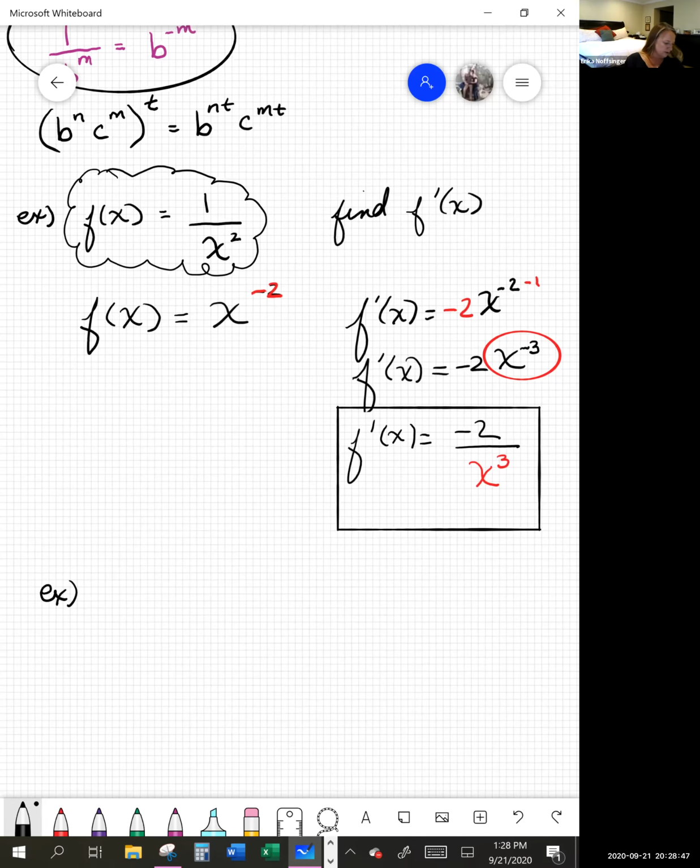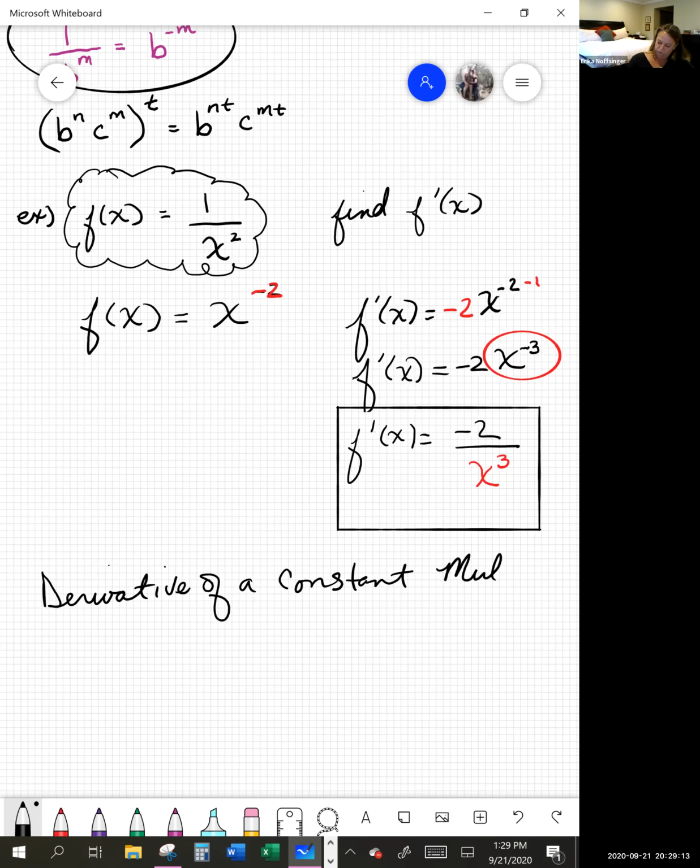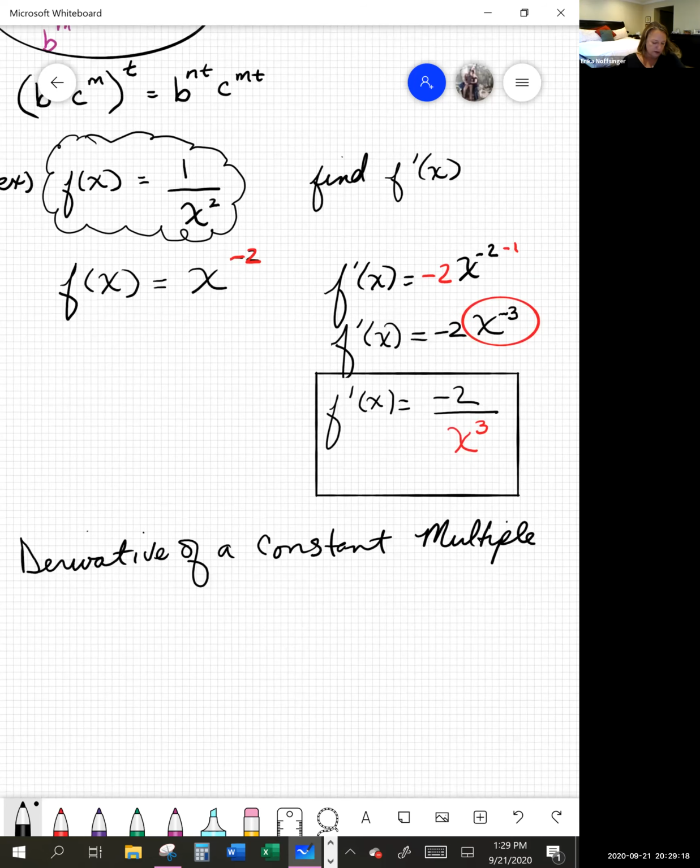Before I do that, let's give you another rule: the derivative of a constant multiple rule.